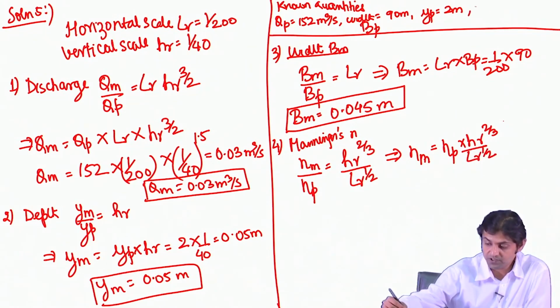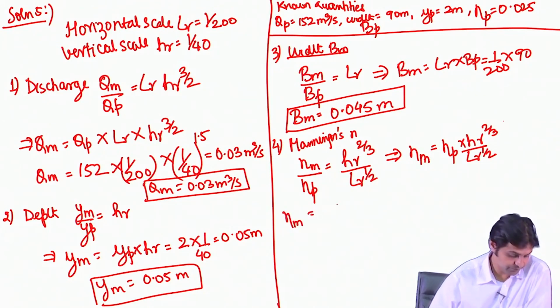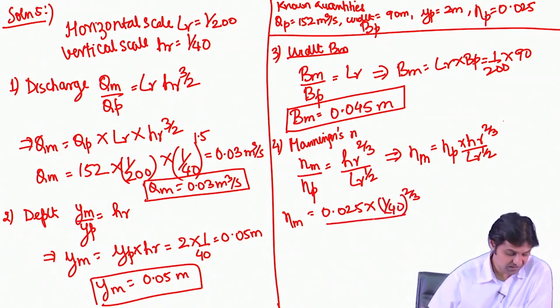The prototype roughness was given as 0.025. So this is 0.025 into 1 by 40 to the power 2 by 3 divided by 1 by 200 to the power half.